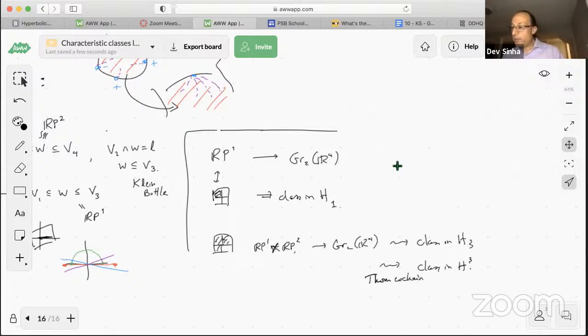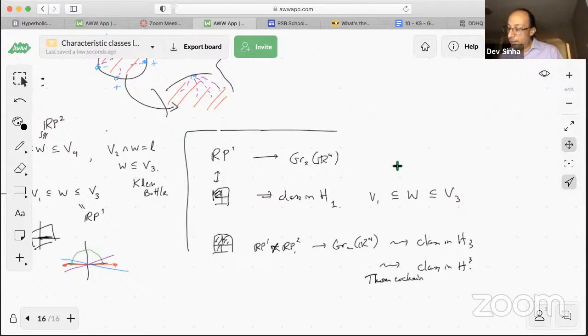Well, this is a class in H1, and again, what did we think of this? This was V1 contained in this W contained in V3. Let's use a different flag here.